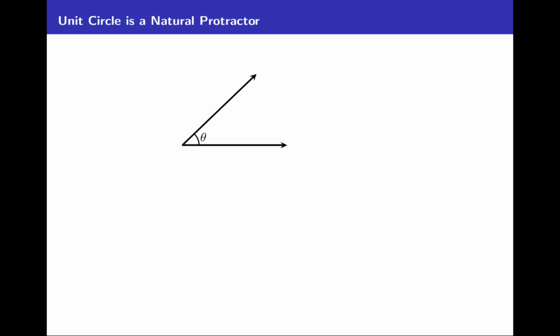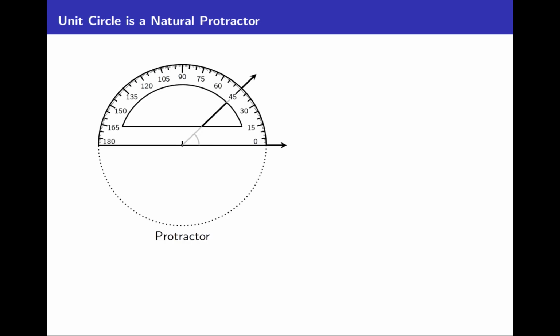If you wanted to measure this angle in the old-fashioned way, you might take a protractor, plop it down so its center is right there at the vertex of the angle, and you'd measure off and you'd say, well, this angle has a degree measurement of 45 degrees. Theta is 45 degrees.